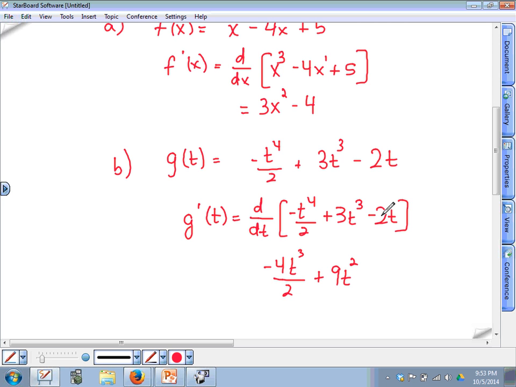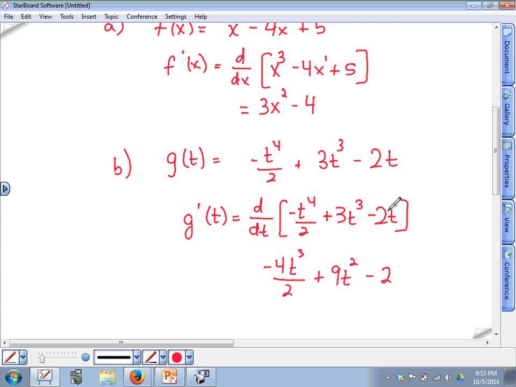And then this last term here is negative 2. The derivative of that last term is negative 2. Again, because this t has an exponent of 1, the 1 drops down and multiplies with a negative 2, making negative 2. And then if you decrease the exponent by 1, you get t to the 0 power, which is just 1. So it's negative 2 times 1, which is negative 2.